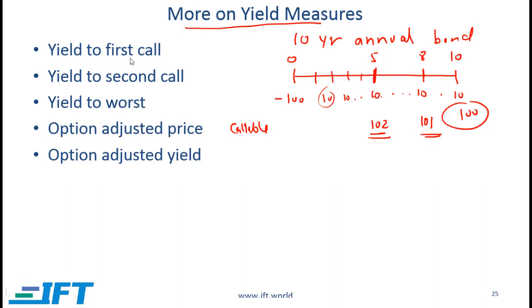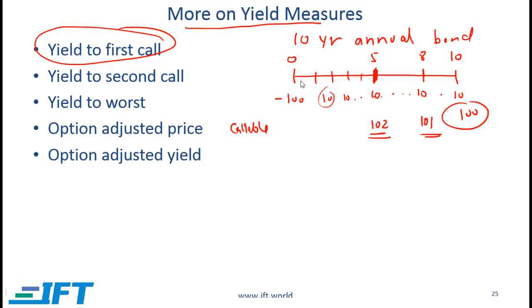What is the yield to first call? To calculate this, you assume that the bond will indeed be called over here. So you do your simple calculation. You plug in the PV equal to minus 100, use N equal to 5. The payment is 10, the FV is 102, and you compute the yield.